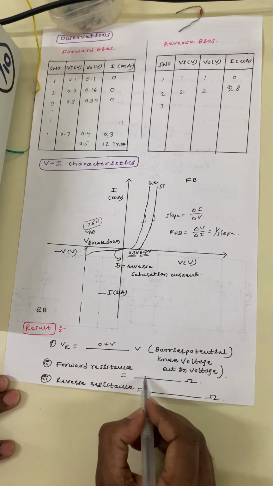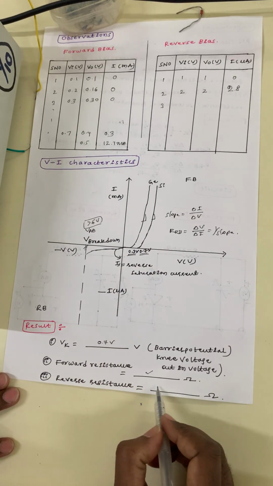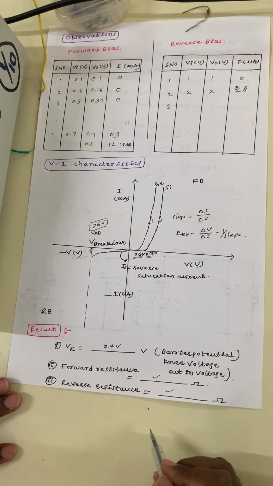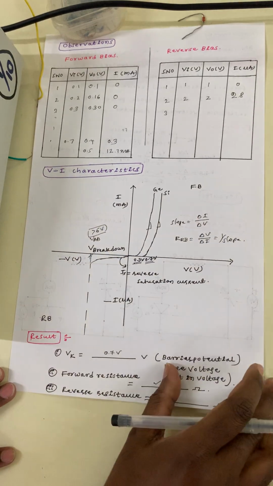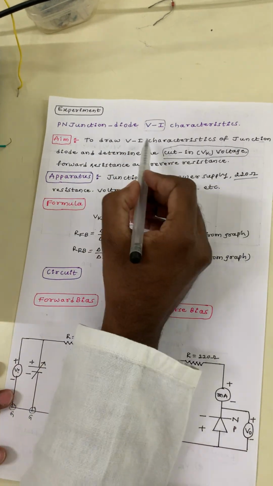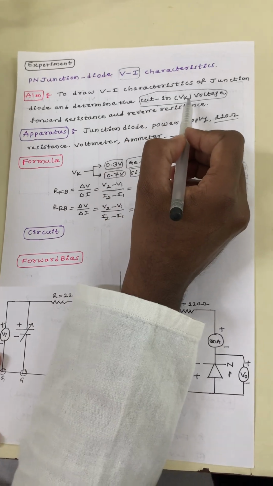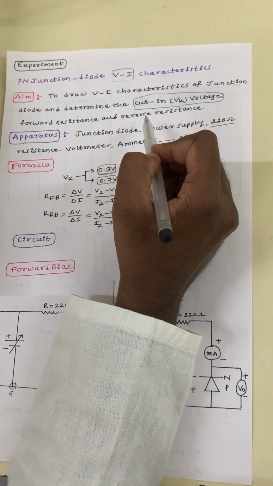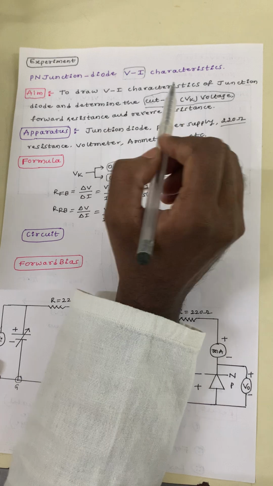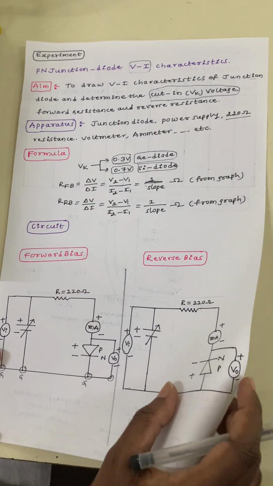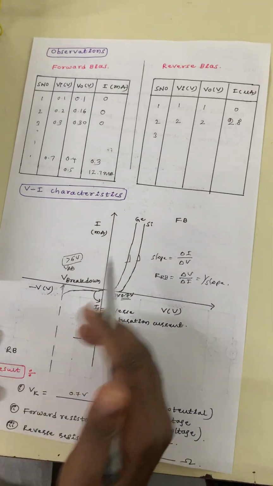Forward resistance you can find out from the graph, and the reverse resistance also you can find out from the graph. This is the procedure to find the VI characteristics of a junction diode and determine the cut-in voltage, forward resistance and reverse resistance from the graph of VI characteristics of the forward bias and reverse bias.